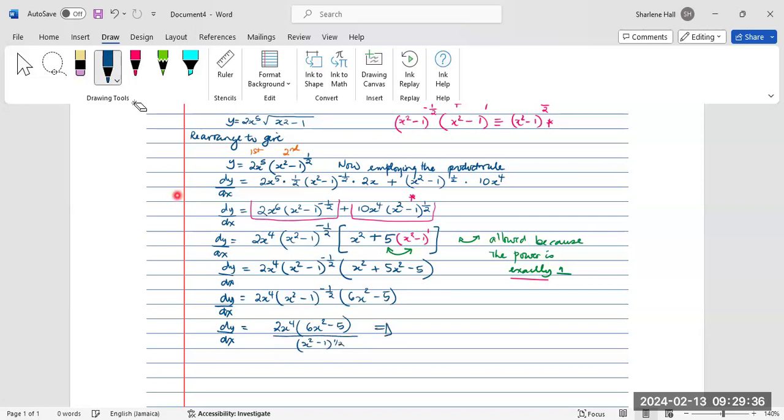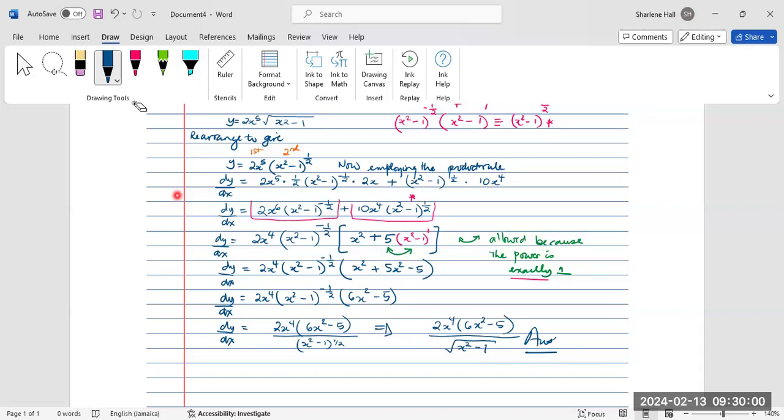And that in and of itself can be written as 2x to the fourth, 6x squared minus 5 over, watch this, don't blink, the square root of x squared minus 1. And no, that is my final answer.